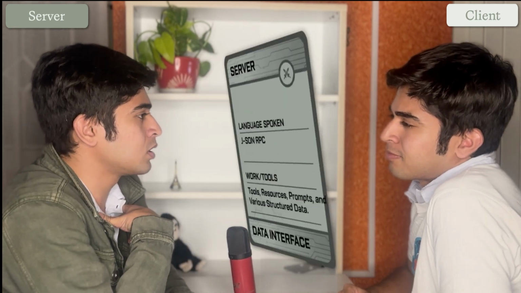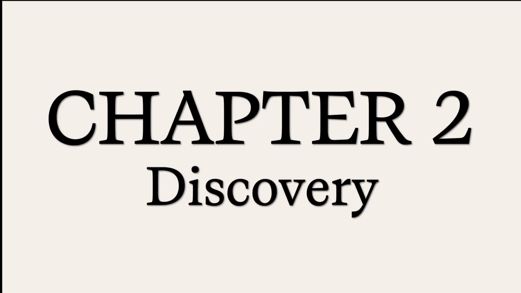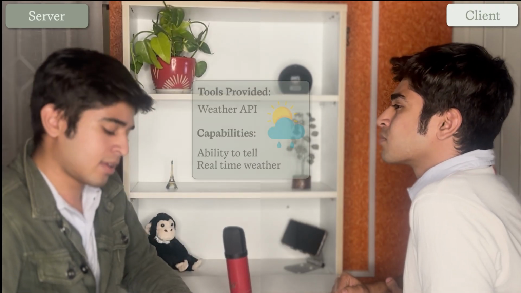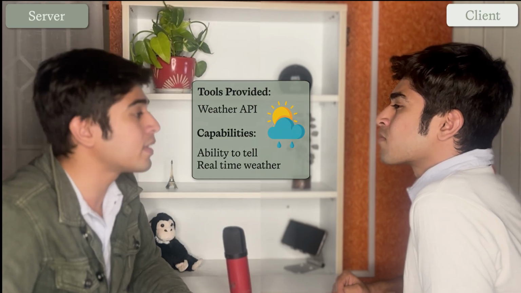I provide tools, resources, structured prompts, and I stream updates. But do not misuse them. I wouldn't dream of it. So, walk me through your capabilities. What am I working with? Okay. Right now, I have a weather API. It gives you real-time updates of what the current weather is.